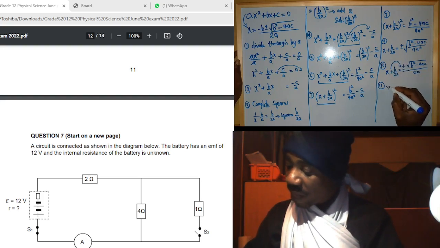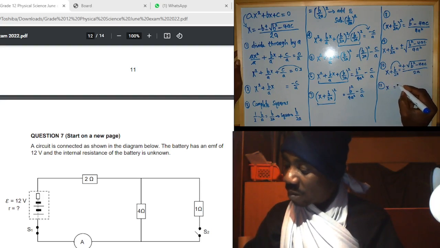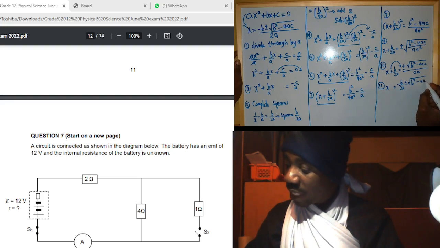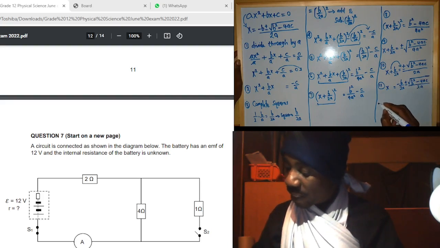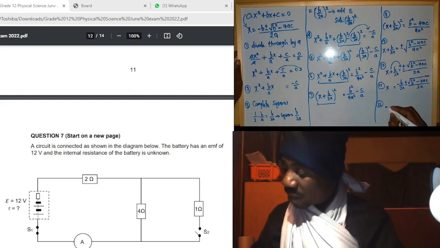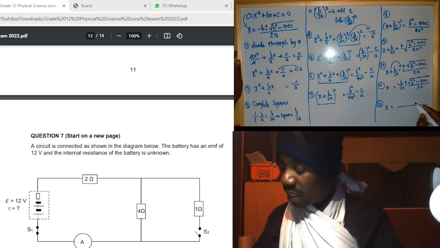So you have x equals minus b over 2a plus or minus the square root of b squared minus 4ac, everything divided by 2a. Finally, in step 12, x will be equal to, the LCD here would be 2a.